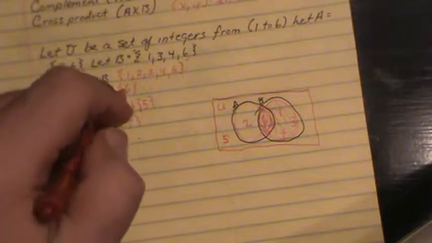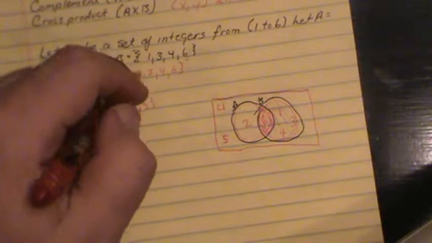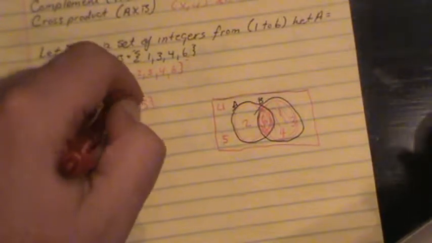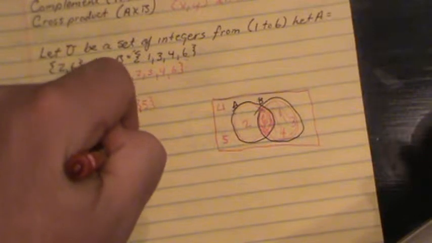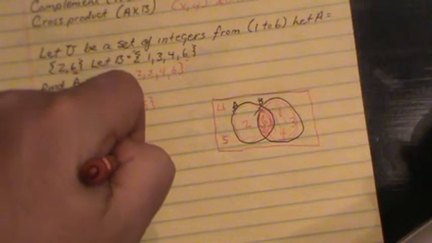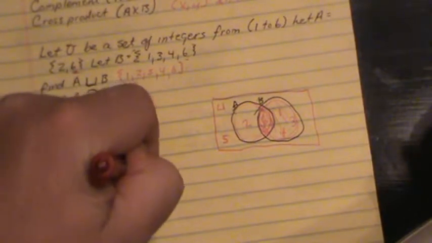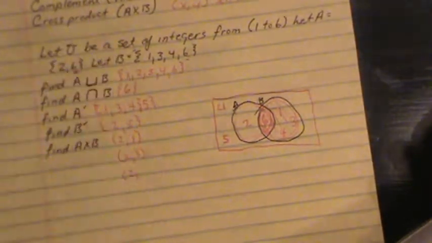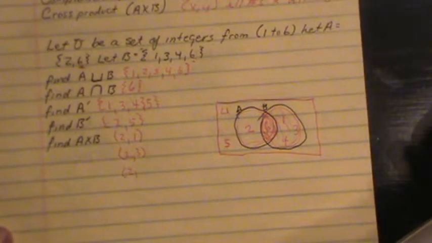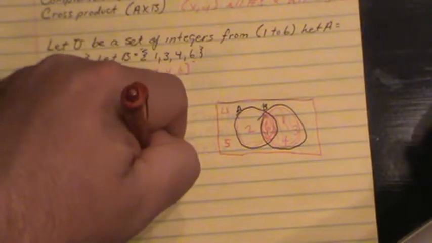Cross products, all they're asking, cross product of A and B, A being 2 and 6, and B being 1, 3, 4, and 6. So the cross product would be 2 times 1, 2 times 3, 2 times 4, and 2 times 6.